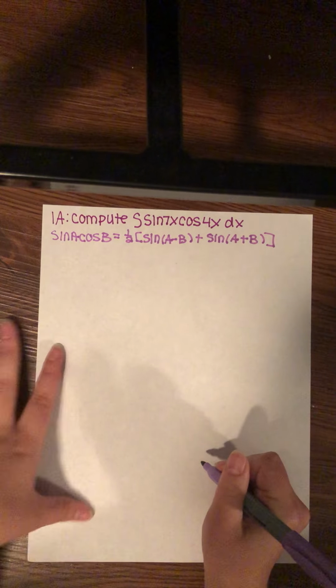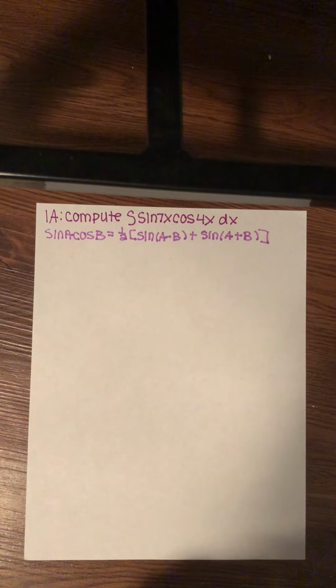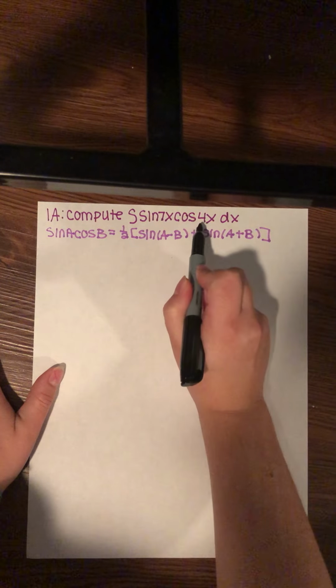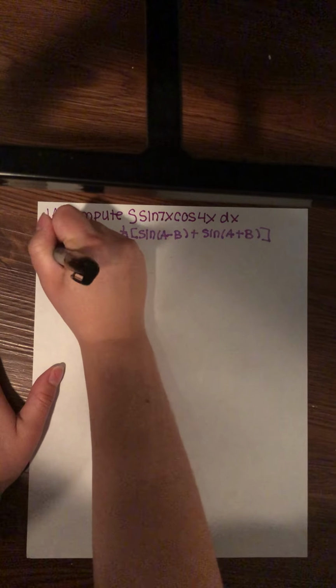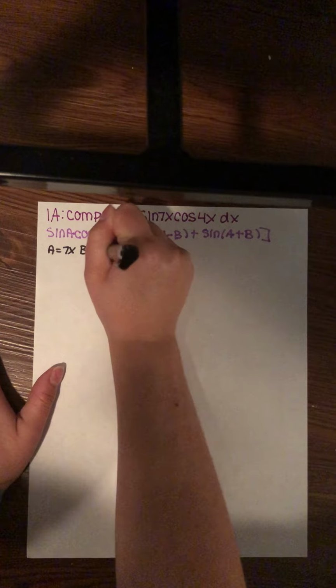Now before we do the integration, we're just going to go ahead and plug this in. If you look closely, comparing these two, A would be 7x and B would be 4x. So A equals 7x, B equals 4x.